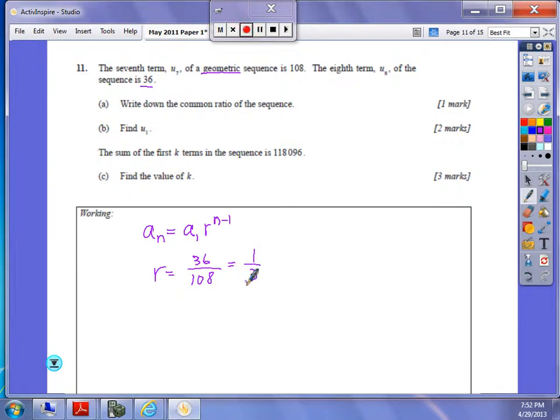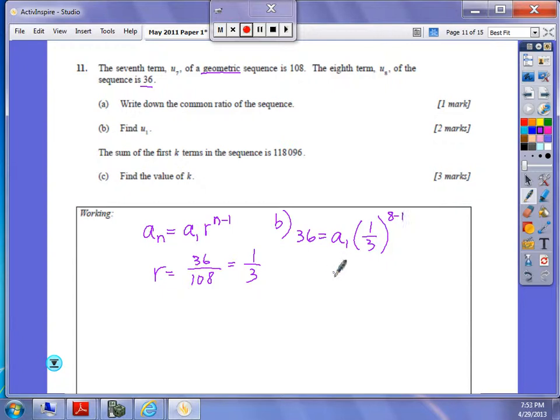Then it says that I need to find the first term. Well, we can use either one. Let's use the 8th term. So the 8th term is 36. So 36 is equal to the first term. This is part B. Let me label that. The first term times the common ratio of 1/3, and 36 was the 8th term, so I'm going to raise that to the power of 8 minus 1, which is 7.